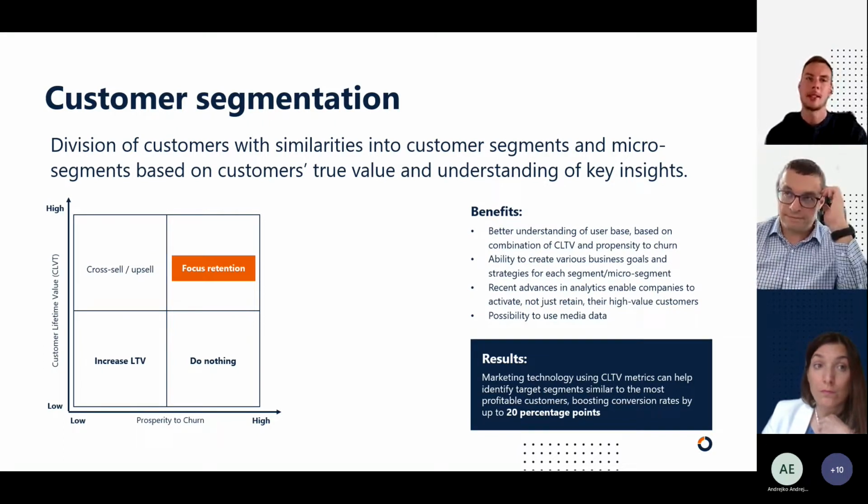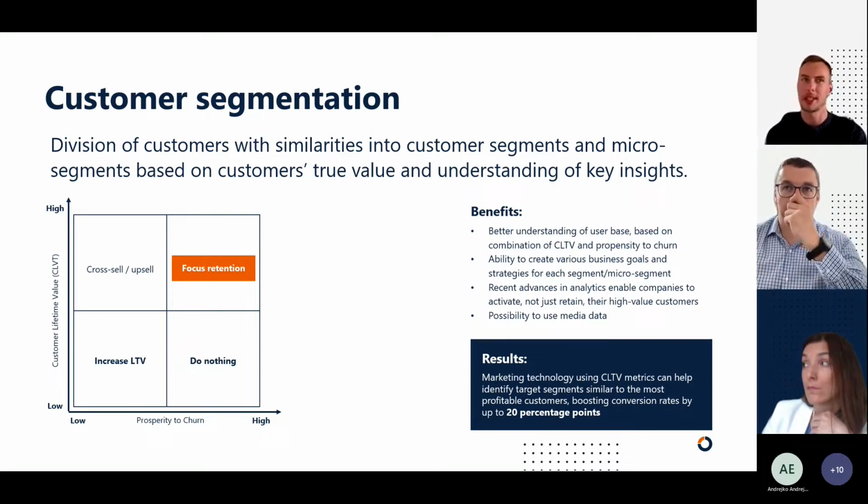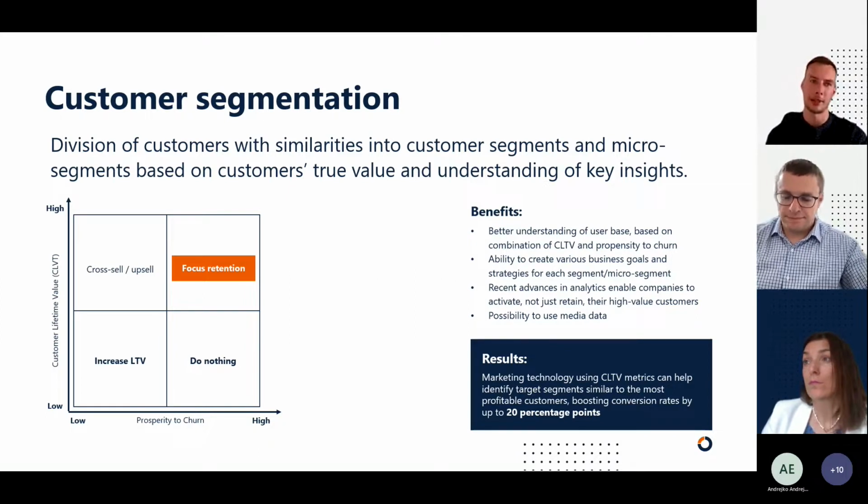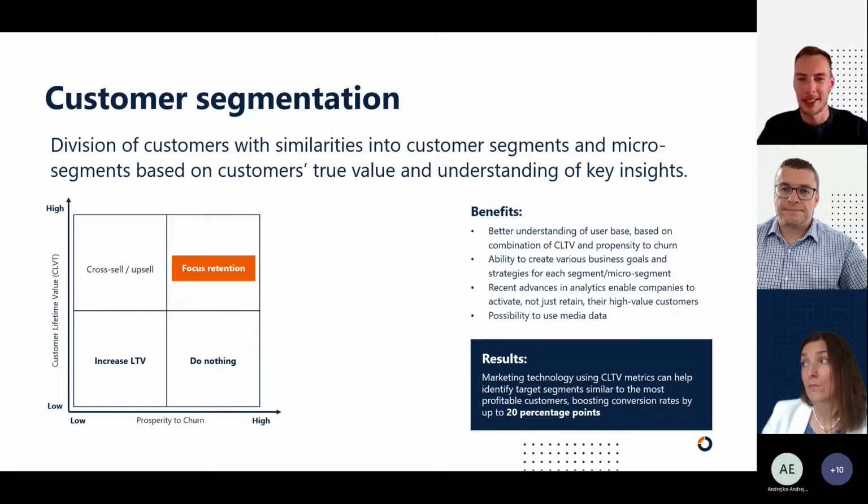And finally, the segment which is the most important for our webinar today is the high propensity to churn and high customer lifetime value. You definitely want to retain those customers because they spent a lot of money with your business. They have a high value for you, but they are on the verge of churning. And how we can do that, Karel will tell you in the use case about the high value customers.